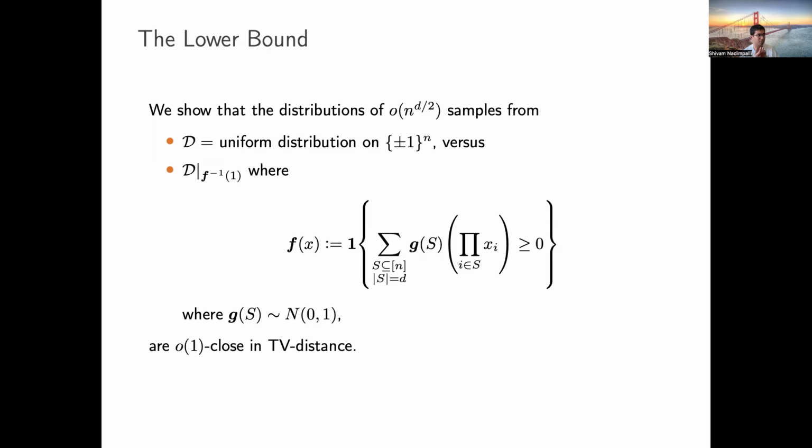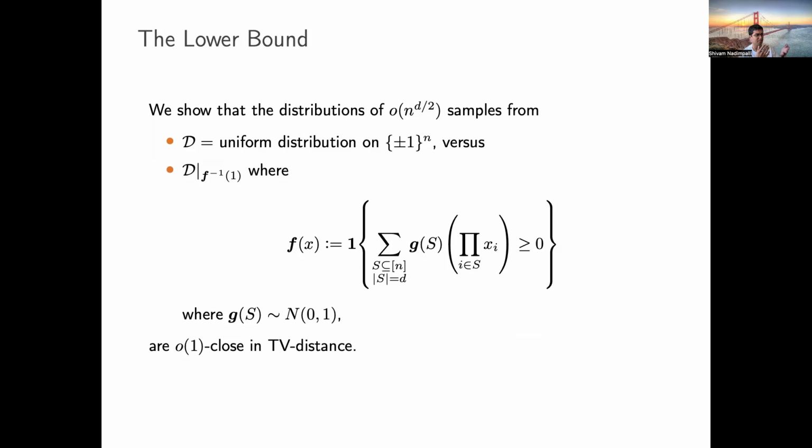A draw from the distribution is going to be as follows. We look at degree d homogeneous polynomials, so all monomials of size d, but their coefficients are going to be independent standard Gaussians. So g of s is going to be a standard Gaussian random variable. The polynomial threshold function is obtained by just taking the indicator of this polynomial being bigger than 0.